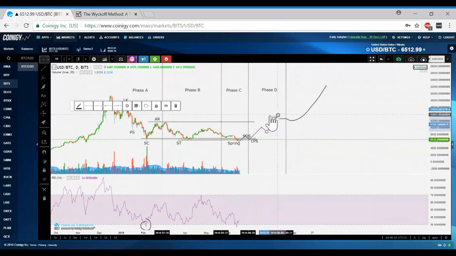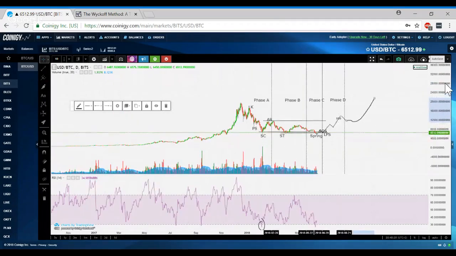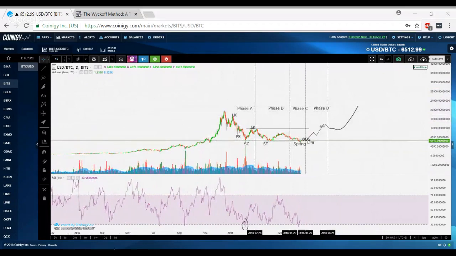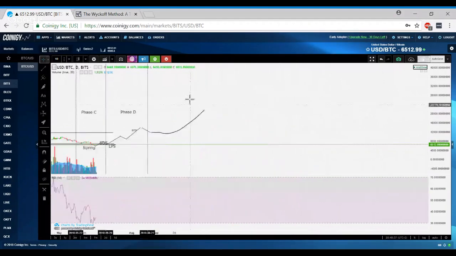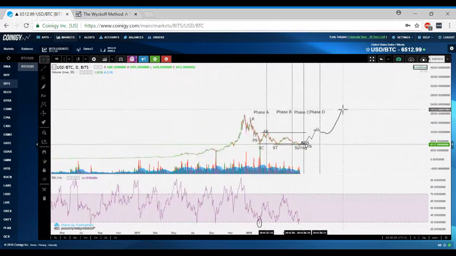What I mean with this is above the previous high, after which the price should retest the level of 11,500, and after which basically the Wyckoff accumulation phase should be complete, and we can start to moon on our way to 30,000 USD.